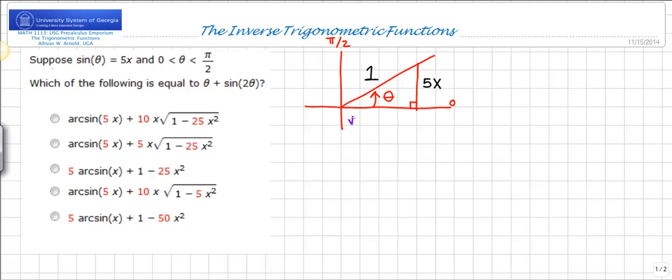The Pythagorean theorem would give you the missing side as the square root of the hypotenuse squared minus the opposite side squared. We could clean this up a little bit as the square root of 1 minus 25x squared. Okay.